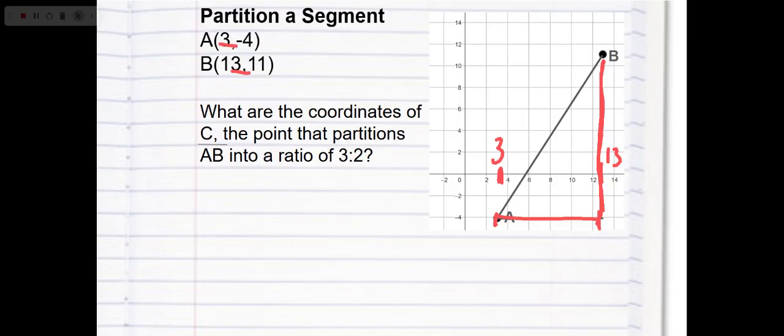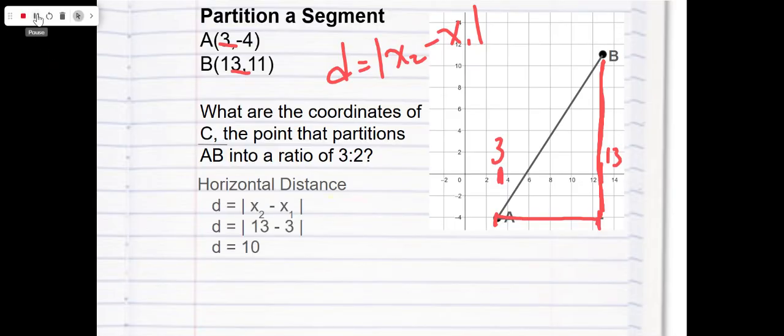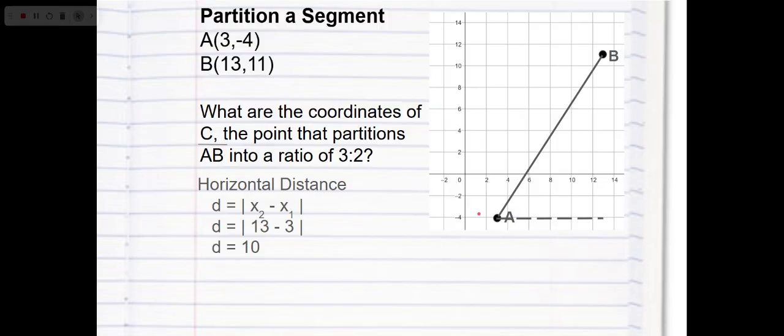Those are my two x values right there. How do we find the distance? Distance equals the absolute value of x2 minus x1. So 13 minus 3 or 3 minus 13 and just make it a positive number. And you get a horizontal distance of 10. Okay, so this distance from here to here is 10.